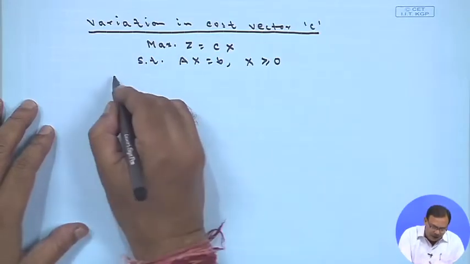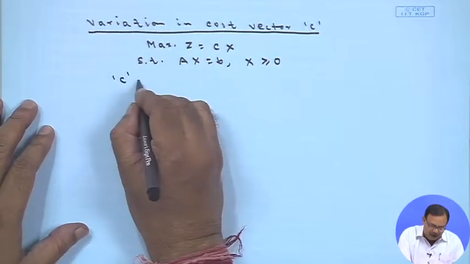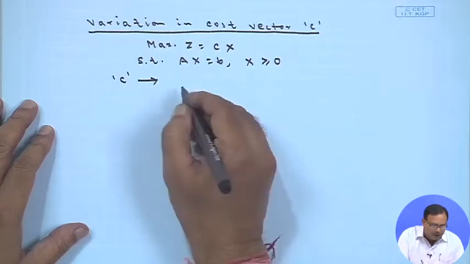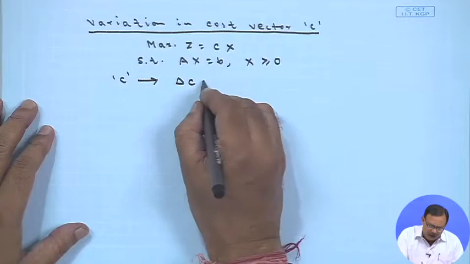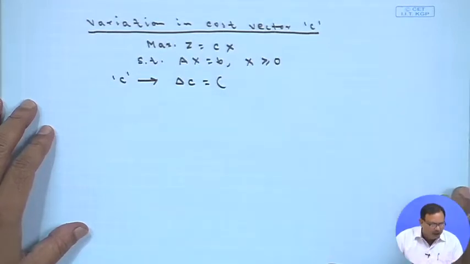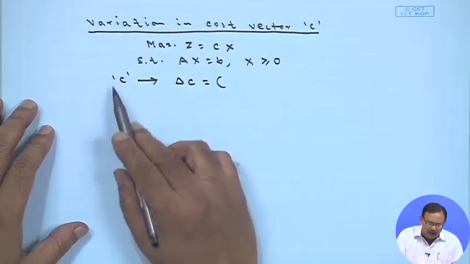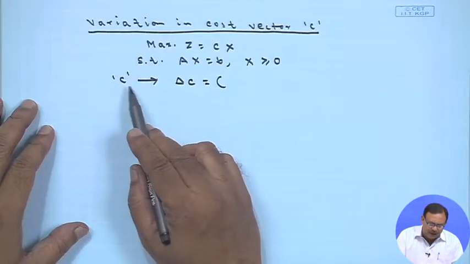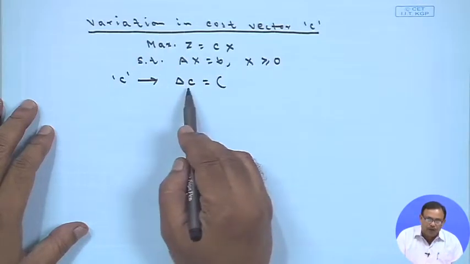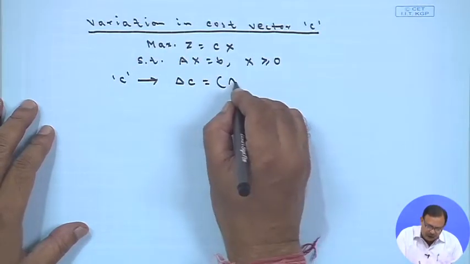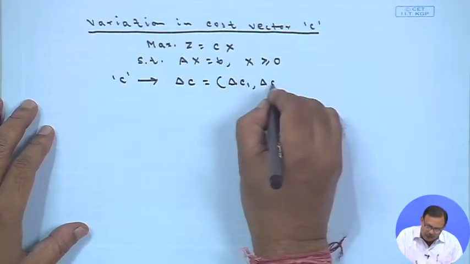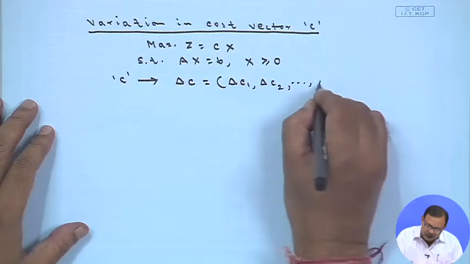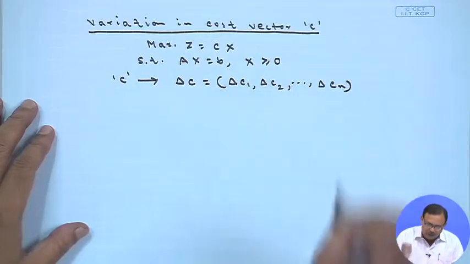Now, suppose the parameter C is changed by delta C, that is, the change in the vector C, which you can write as delta C1, delta C2, and so on up to delta Cn.